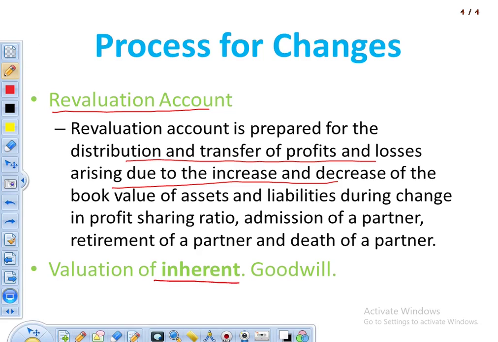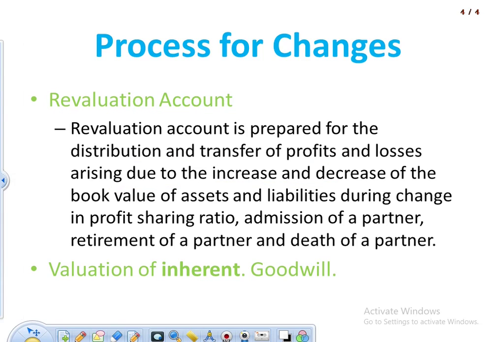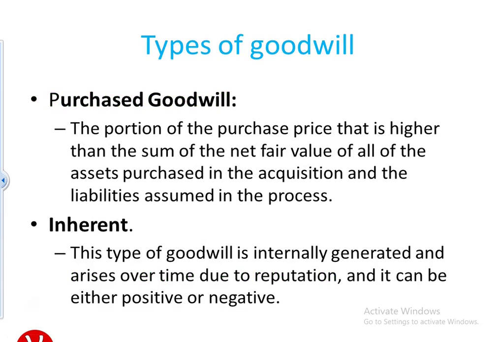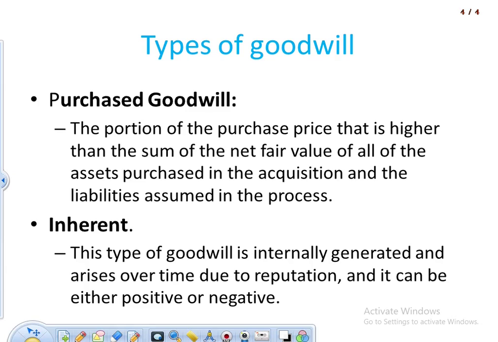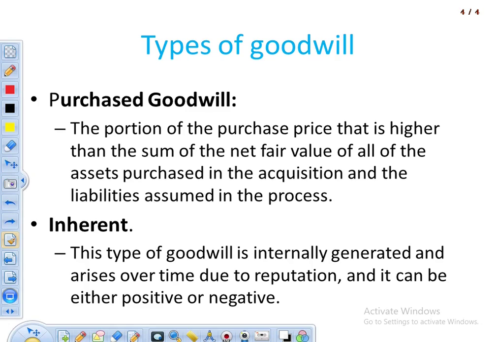Because goodwill can be of two types. In this next slide, we'll discuss that. There's purchased goodwill and there's inherent goodwill. Purchased goodwill means when we buy another business and we are paying a higher sum or higher value than its fair value.